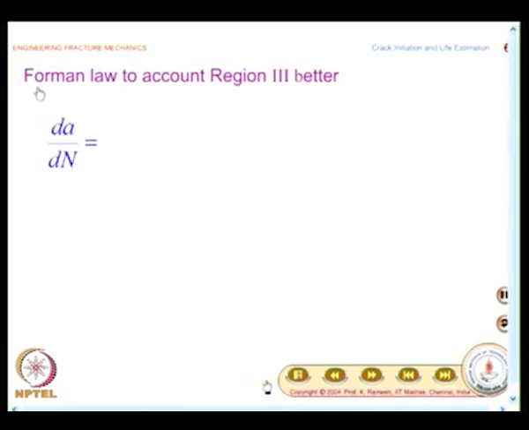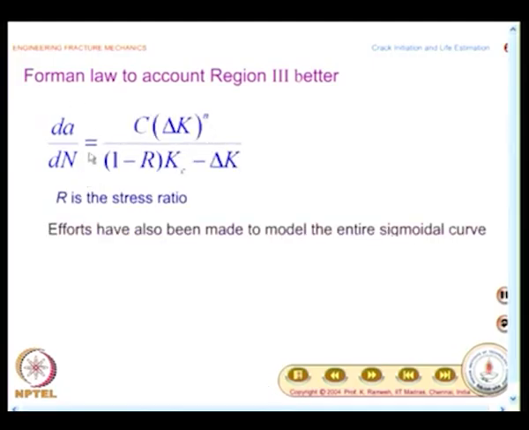So, this is done by Forman law, and this is very popular among the laws that you have for crack growth. Here you have dA by dN equal to C into delta K whole power n divided by (1 minus R) Kc minus delta K. So, this accounts for the stress ratio R, and it also accounts for region 3, where Kc is the fracture toughness.